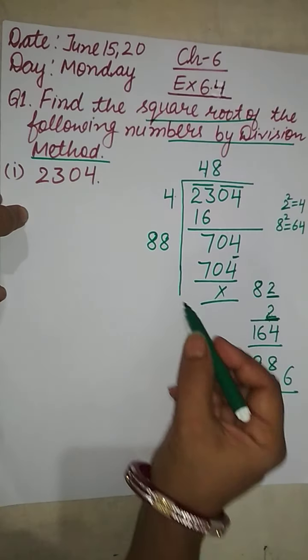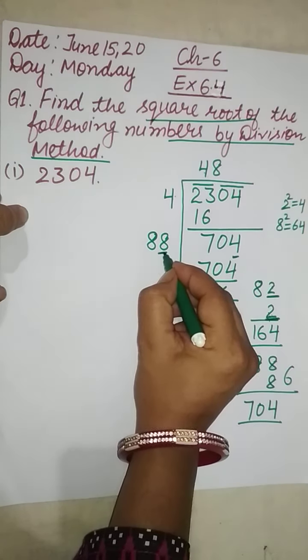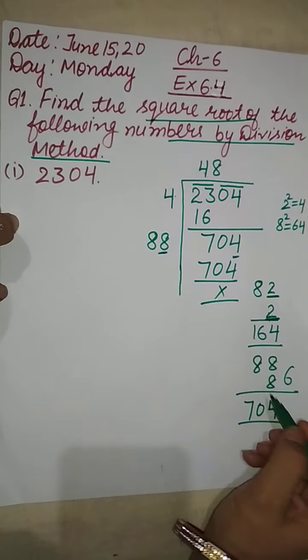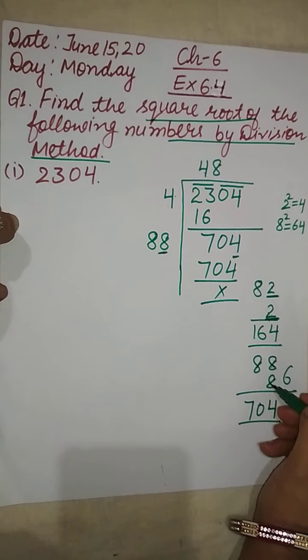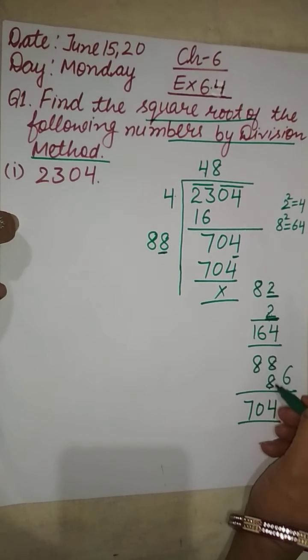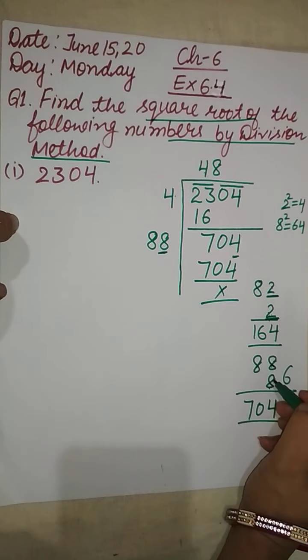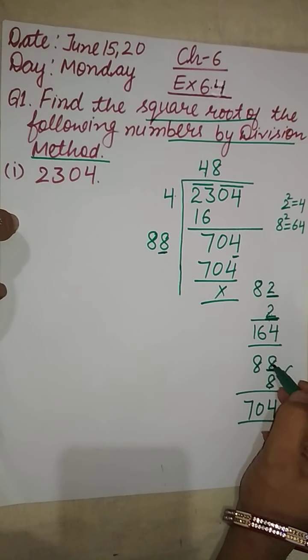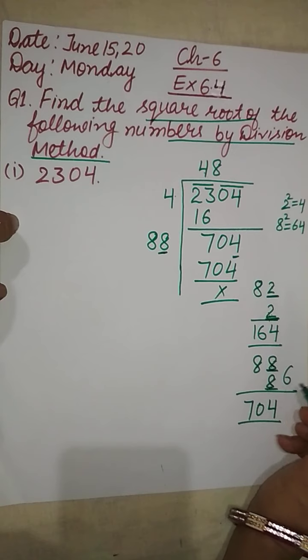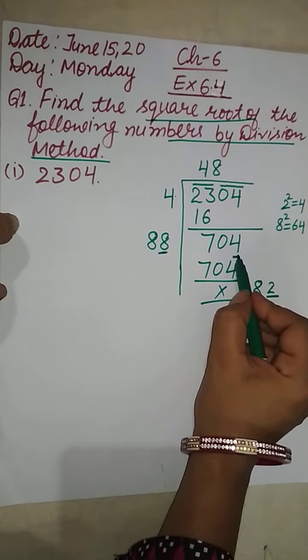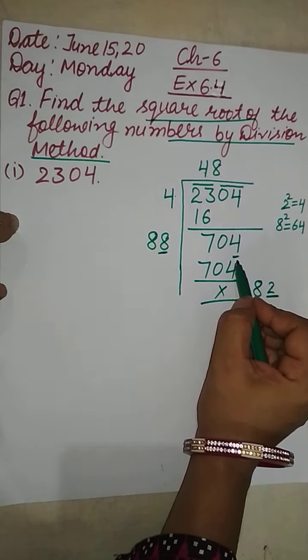This is 8. Now I have to find the digit which is to be multiplied, and make sure, students, these two digits should always be the same. I cannot take 8 here and 7 there. No. If I am writing 8 here, then I have to multiply it by 8. In this case, we will always see the unit digit. What is the unit digit?